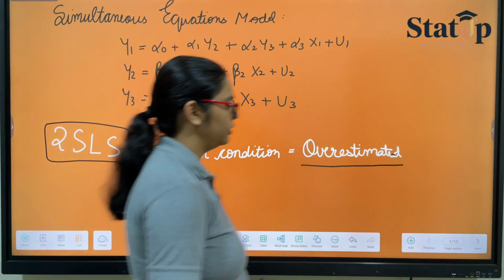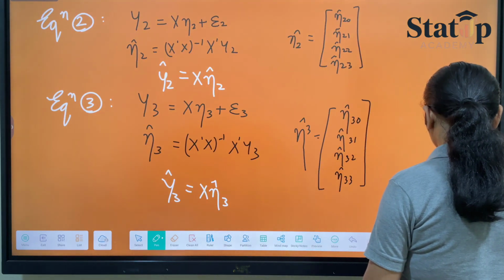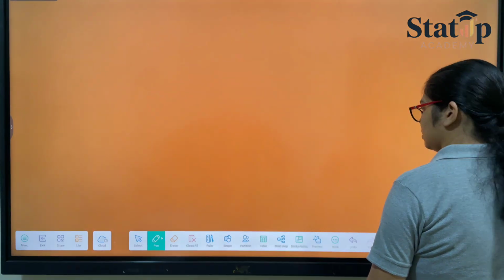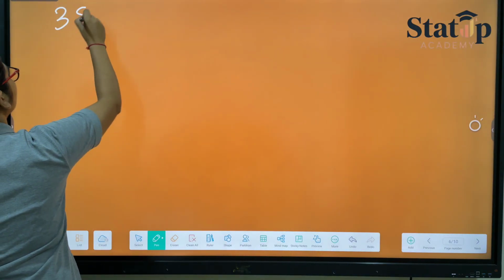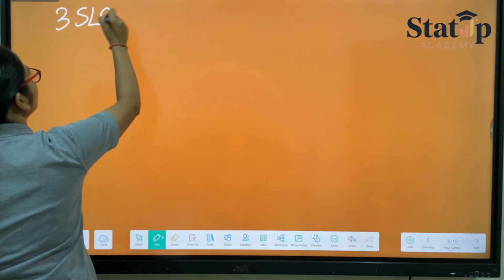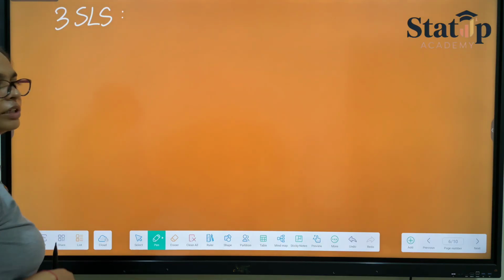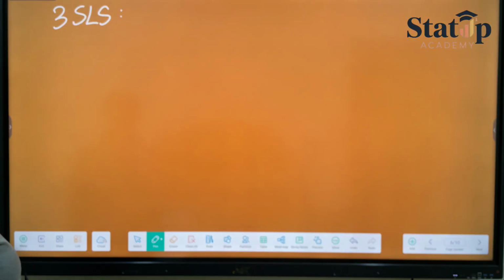Now we move forward to the 3SLS method, the three-stage least square estimation method.